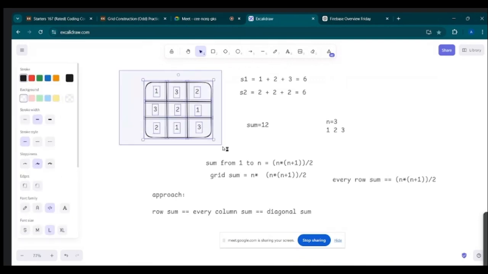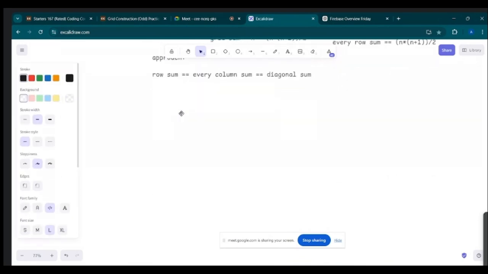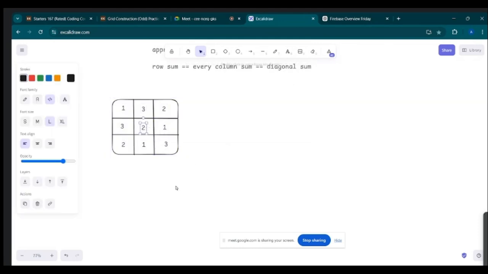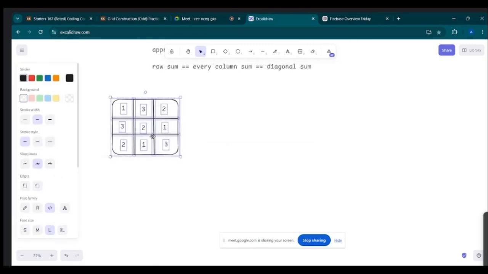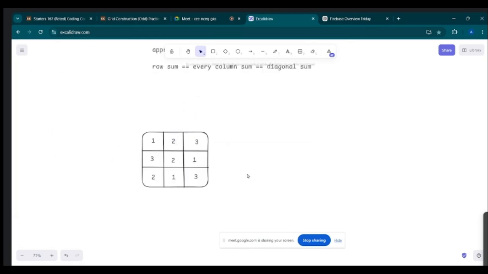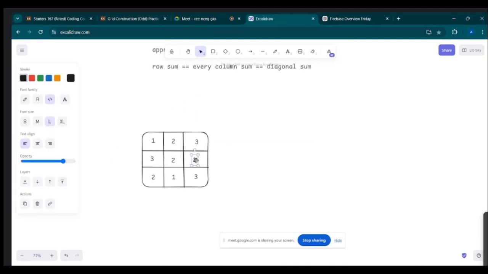For this grid, let's say I place the numbers in horizontal sorted order, for all elements.